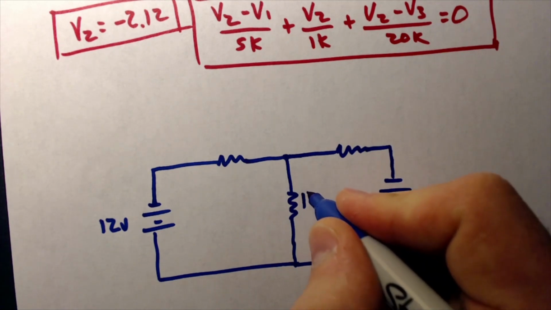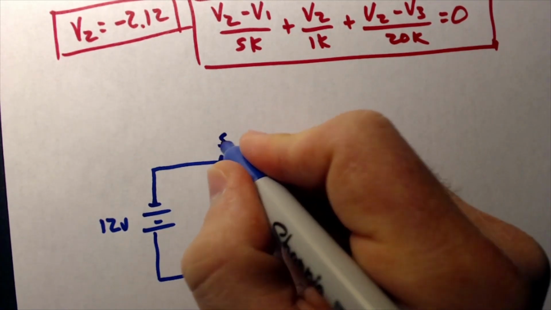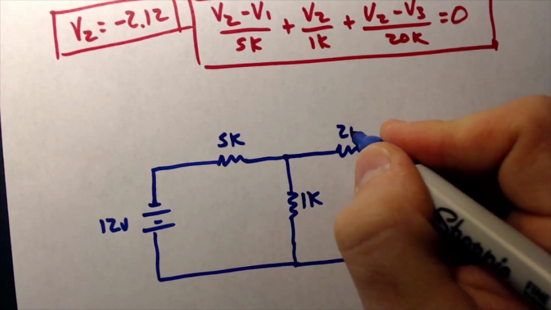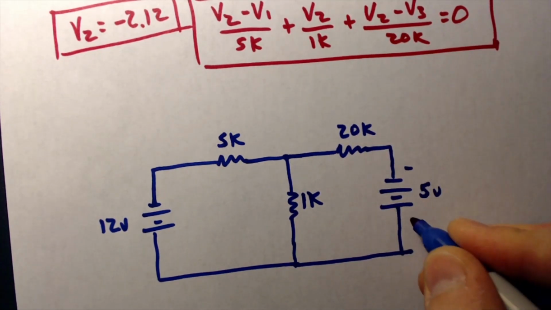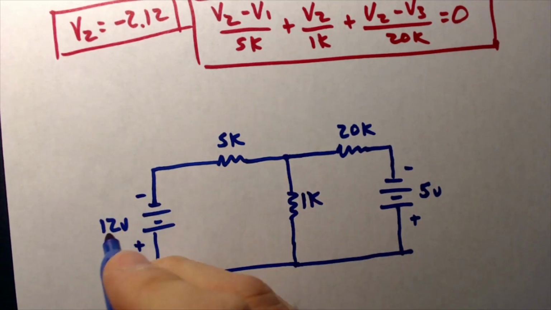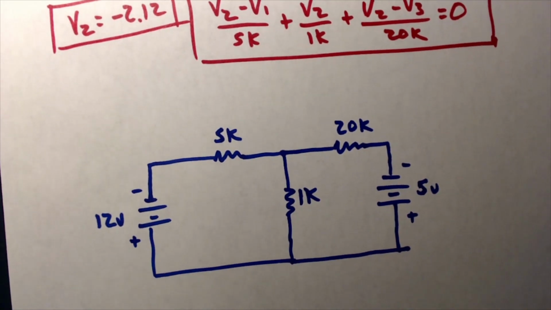Okay, we had 1K, 5K, and 20K. 5 volts over here, 12 volts over here, and we found our voltages.